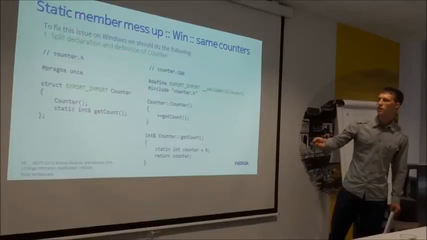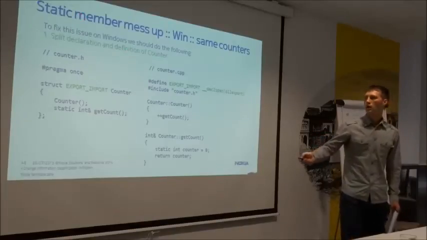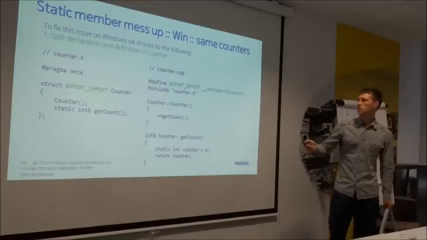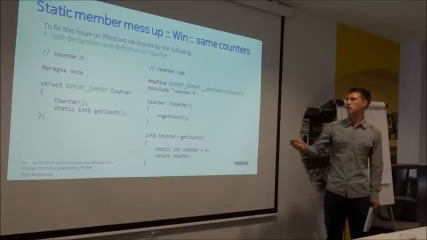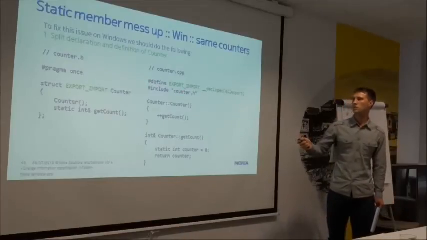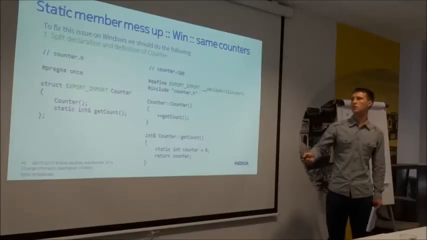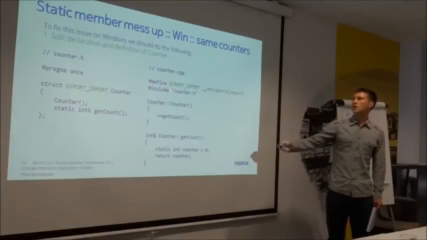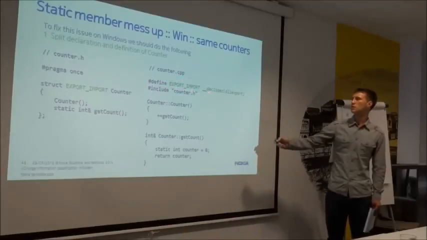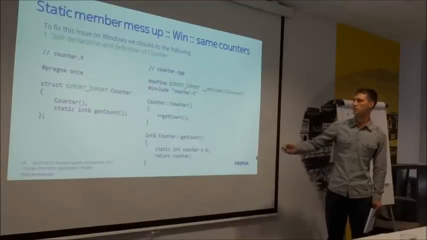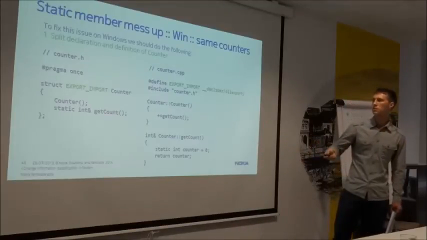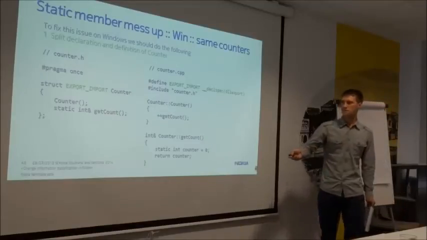So to fix this, first we are doing the following. You all, I guess, know the way to export and import a symbol using the same header file. We define such macros, export and import, which in the DLL will expand like __declspec(dllexport), and of course in the executable it will expand as import.